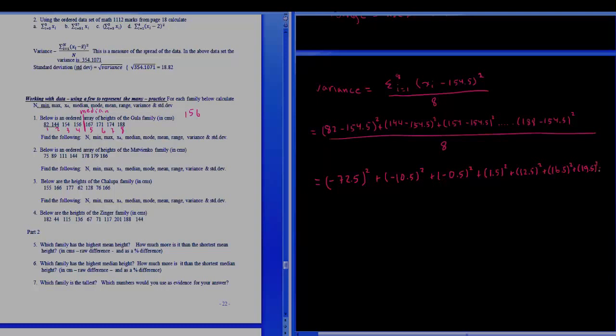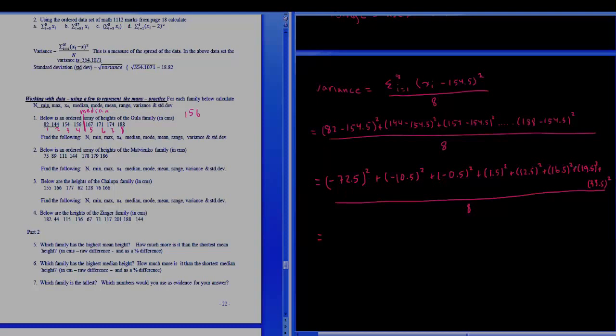I hope I have room. Plus, and the last one is 33.5 squared, all divided by 8. Order of operations, folks. Do what's inside the brackets, then you do the exponents, then you'll do the addition, then you'll divide by 8. Because this is as if it's in a bracket.